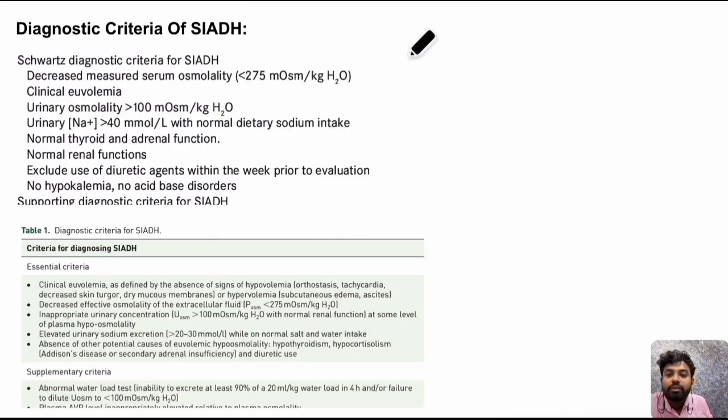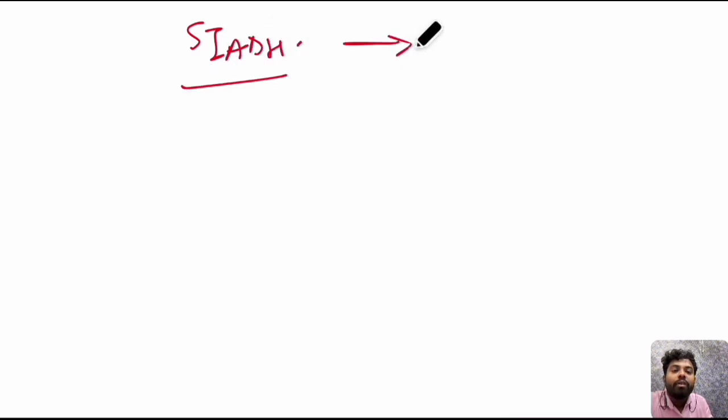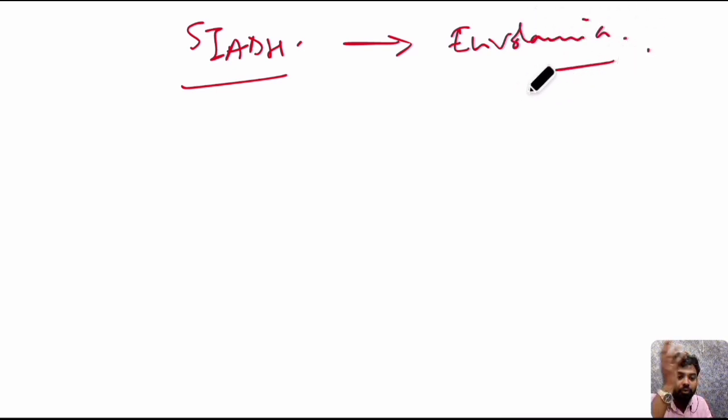So, what is the diagnostic criteria of SIADH? What we have understood so far, what will happen in SIADH? If the patient will have euvolemia, but water will be more than sodium, what will happen? Serum osmolarity will be low.